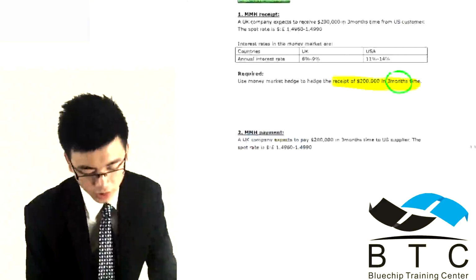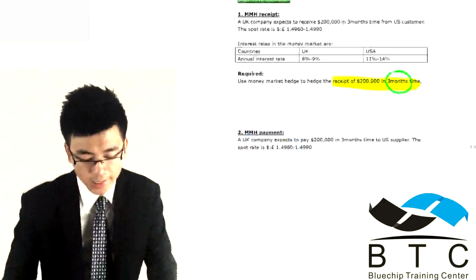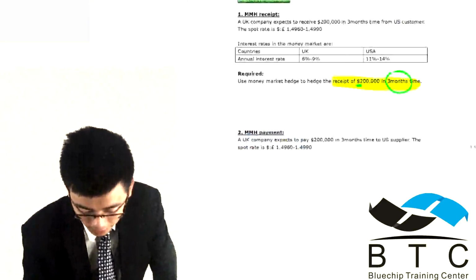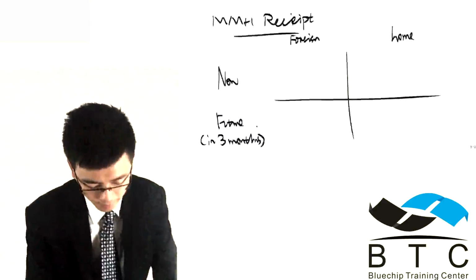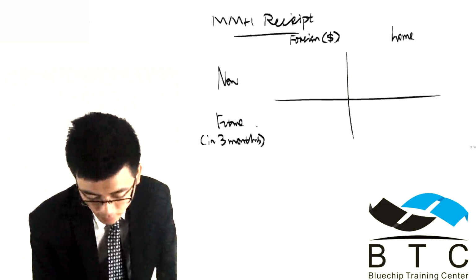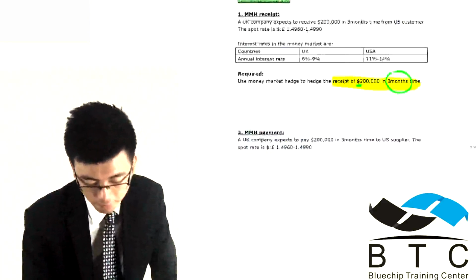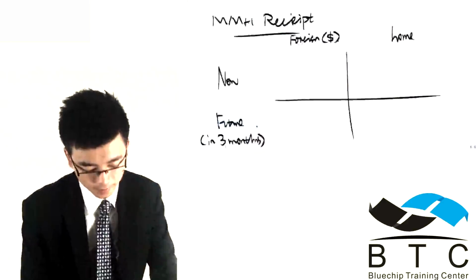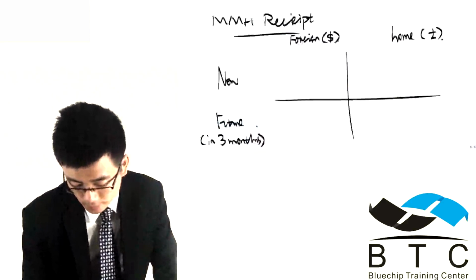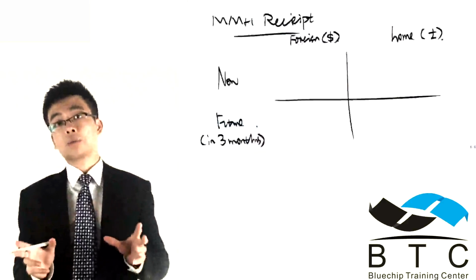And you can see the question here is that you're going to hedge against the dollars, which is the foreign currency. What about the home currency? In the question we can see it's the UK pounds. Okay, so this is your step 1.